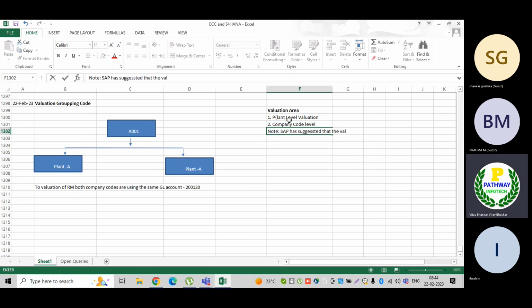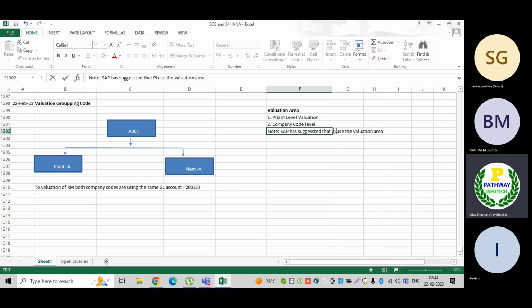SAP has suggested that instead of this one, use the valuation area, the plant level valuation area.